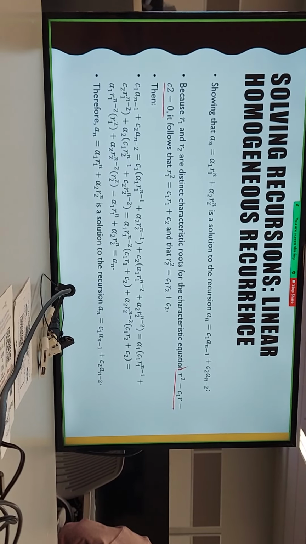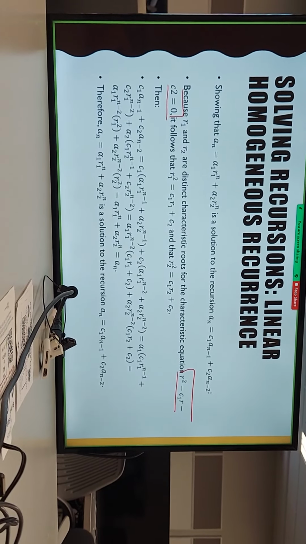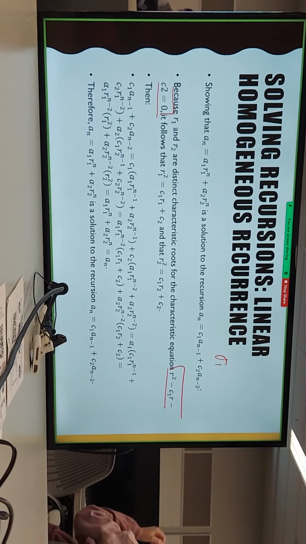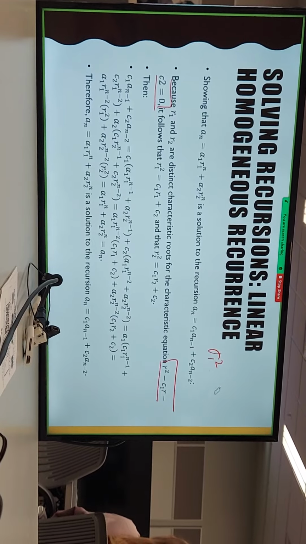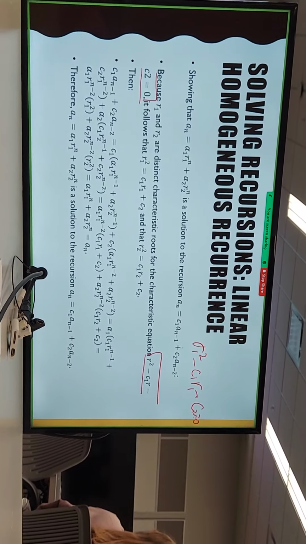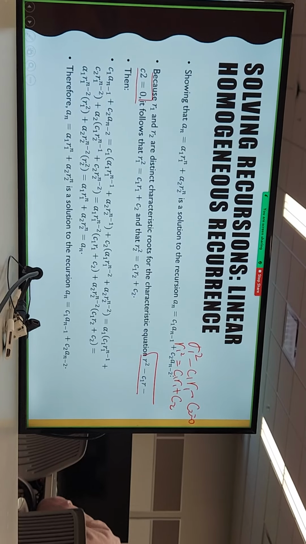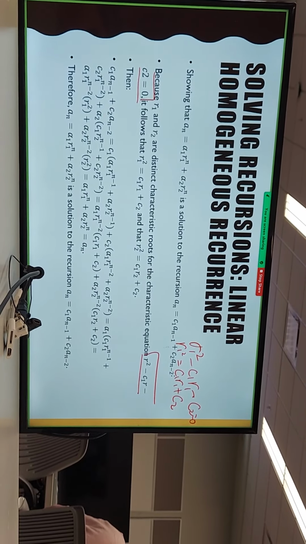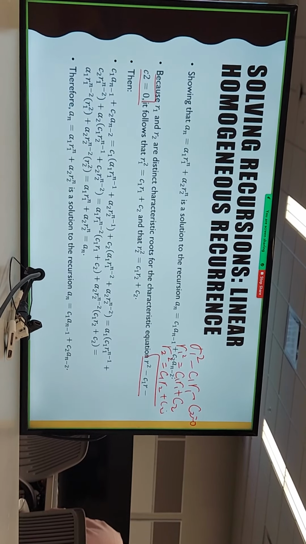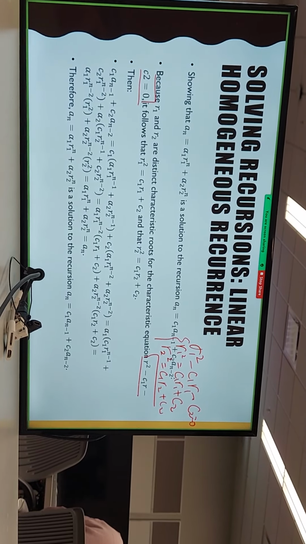Because r_1 is a root of the equation, r_1 squared minus c_1 r_1 minus c_2 equals 0, which means r_1 squared equals c_1 r_1 plus c_2. And r_2 is also a root, so r_2 squared equals c_1 r_2 plus c_2. These are what we have based on the fact that r_1 and r_2 are the roots of the equation.